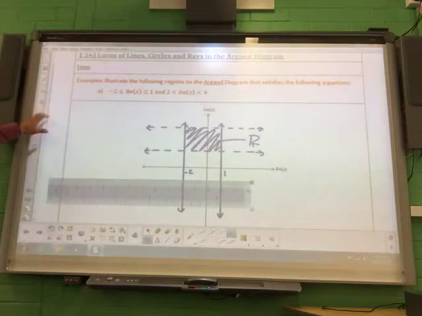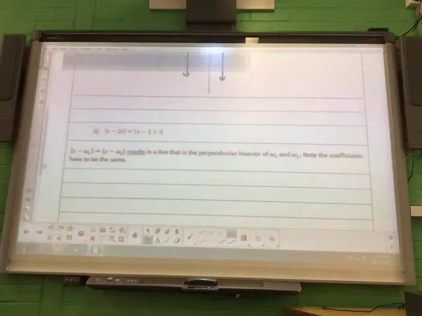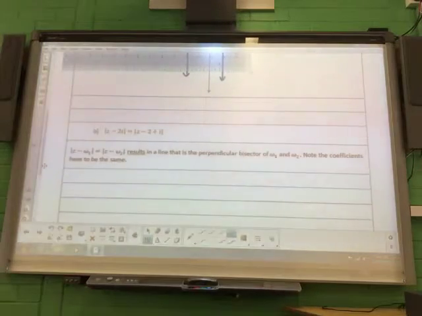Now, second one. The absolute value of z take away 2i is equal to the absolute value of z take away 2 plus i. So when the coefficients of z are the same, they will represent lines.